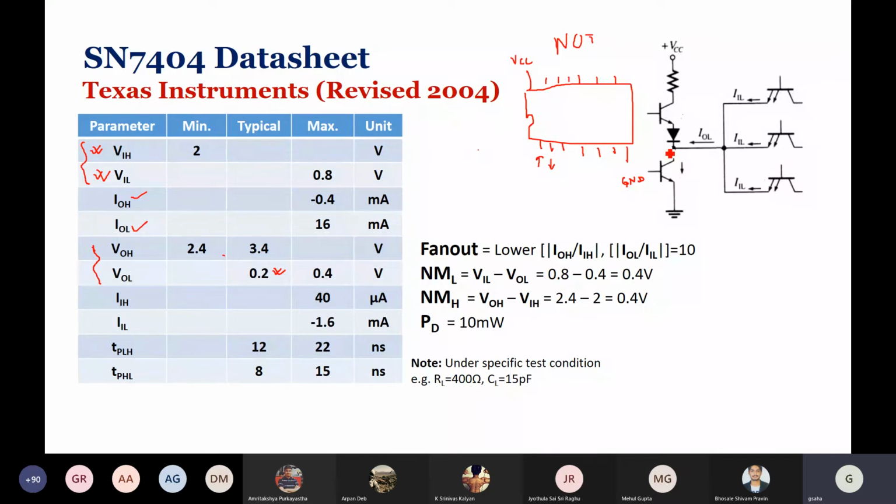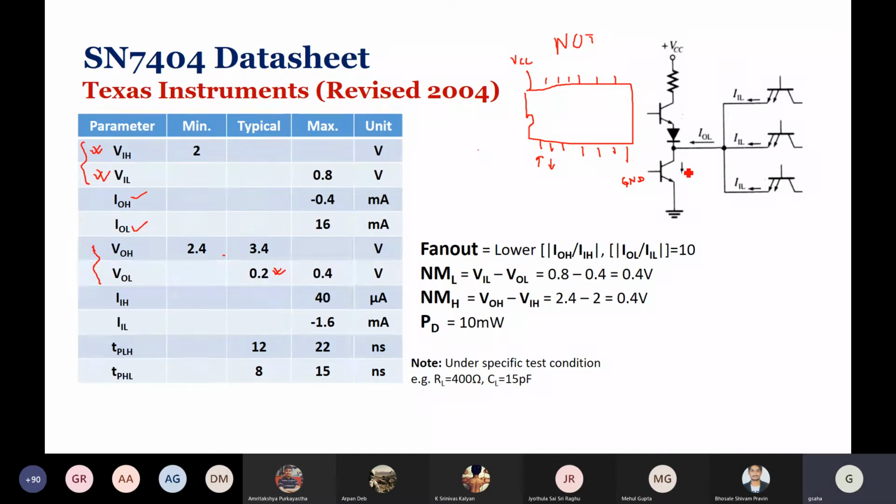What that means is the maximum current that it can handle when the output is low. Now this current, you see there is a plus and minus mention. It means the convention is that current going to a node is positive, away from a node is negative.